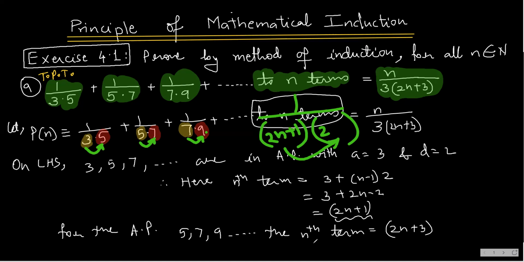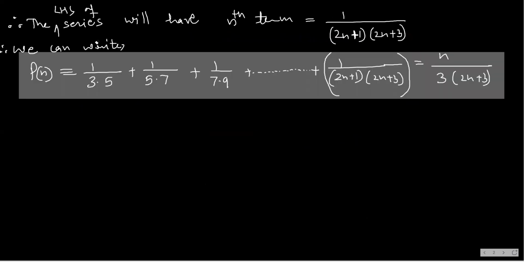Next, what we did was, after that, in the next page, the LHS of the series will have the nth term as 1 upon (2n plus 1) into (2n plus 3), and then I substitute this nth term in the proposition P of n, which is actually to be proved, and it becomes like this.